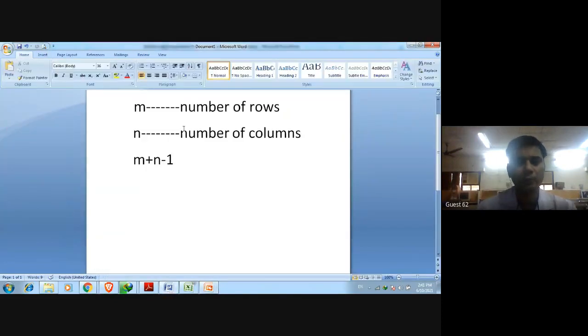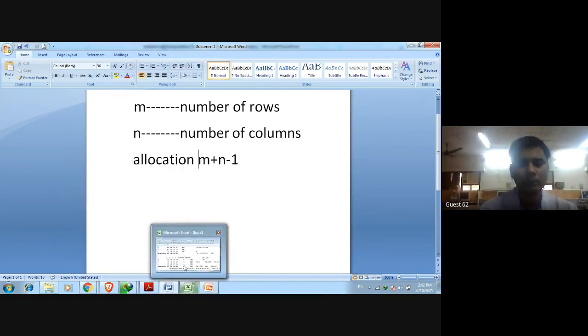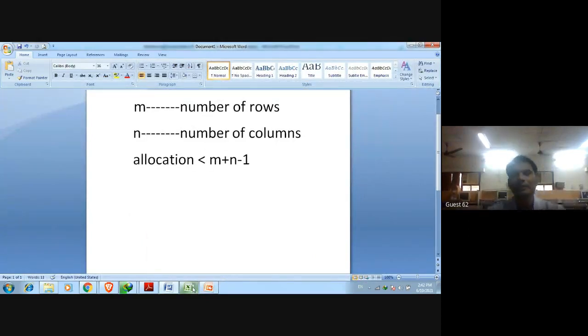Let us write down here. If the occupied allocations are less than m plus n minus 1, then there is the problem of degeneracy.